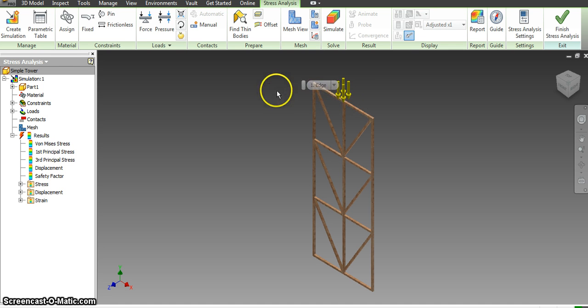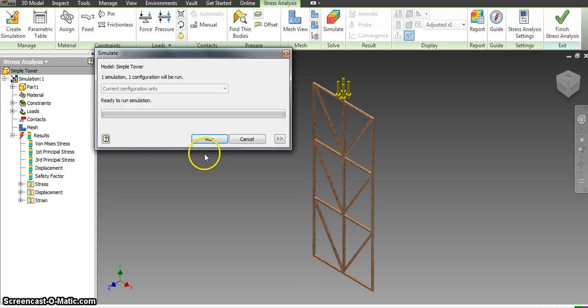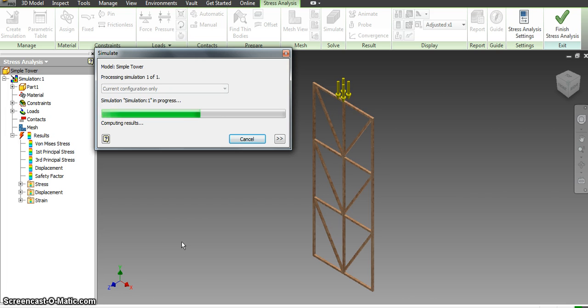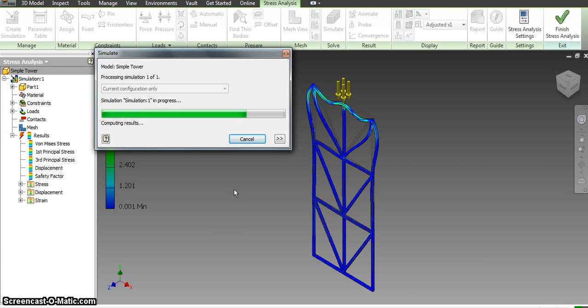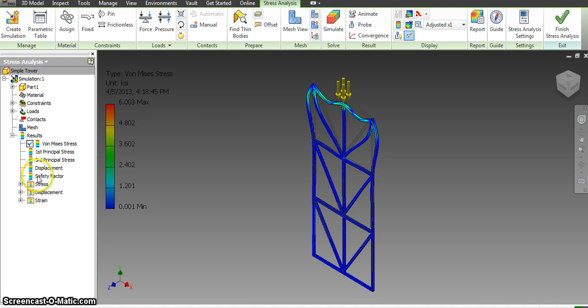Okay, let's see if this makes a difference. That's done, that's done. We're going to simulate and run, and we're going to wait until it's finished. And we're going to jump to safety factor, double click.